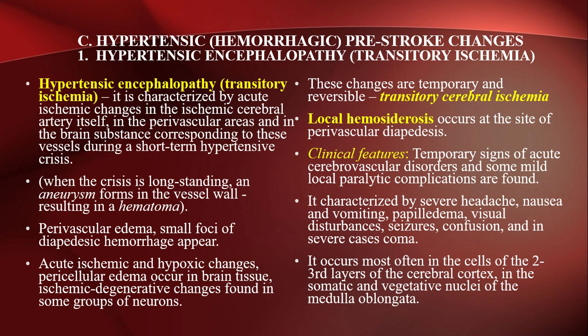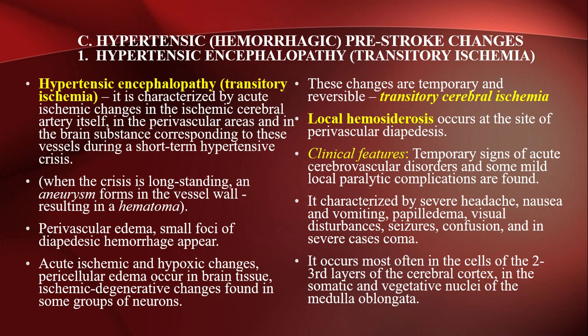Perivascular edema and small foci of diapedetic hemorrhage appear. Acute ischemic and hypoxic change and pericellular edema occur in the brain tissue, and ischemic degenerative change is found in some groups of neurons. These changes are temporary and reversible. We call this transitory cerebral ischemia. Local hemosiderosis occurs at the site of perivascular diapedesis.